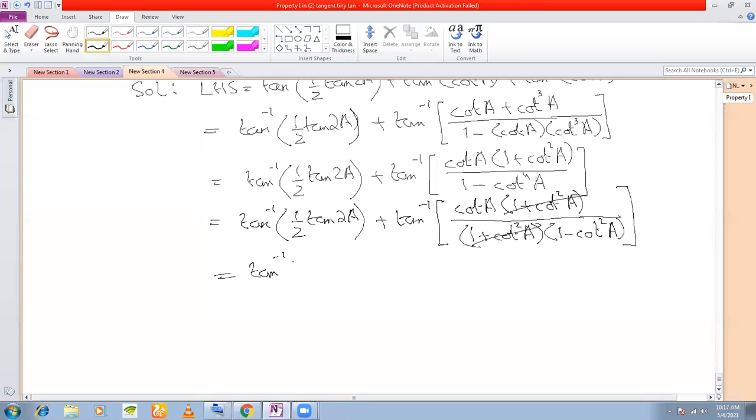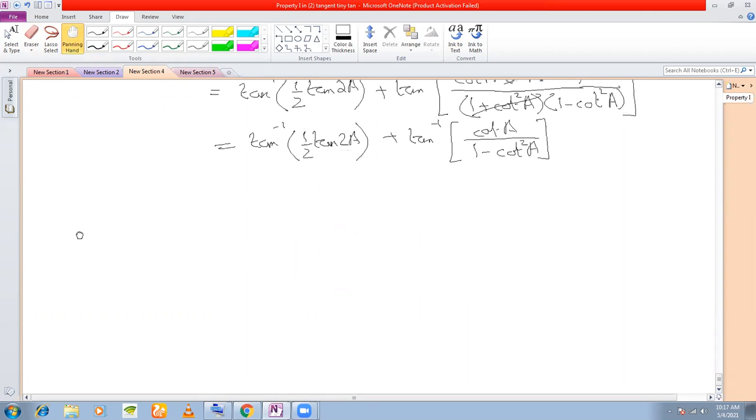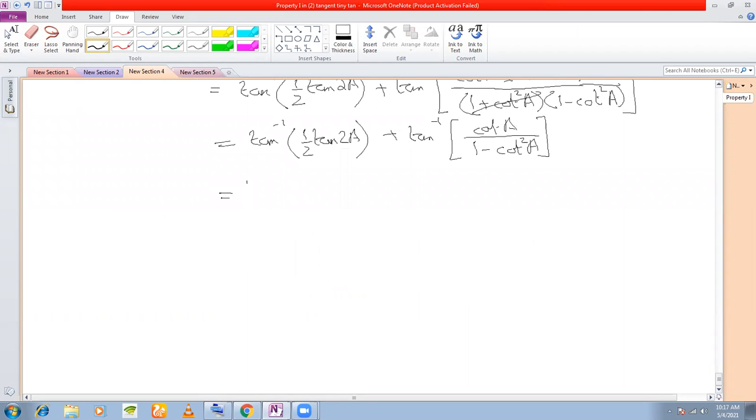So tan inverse half tan 2A plus, what we essentially get here is cot A by 1 minus cot square A. Okay. Now we change the cot to tan.